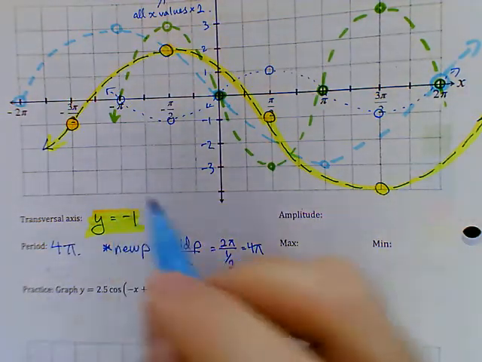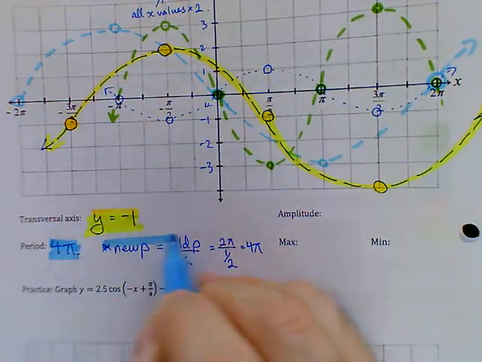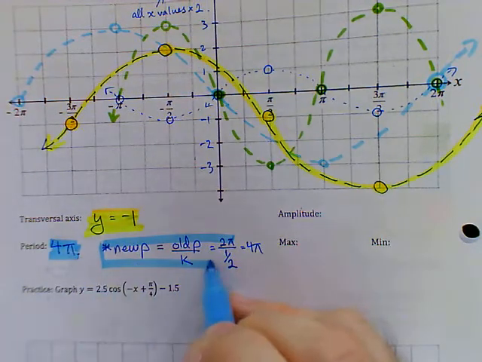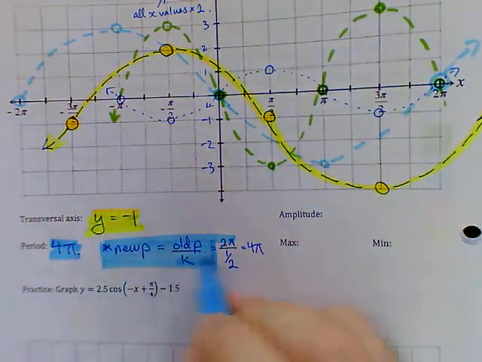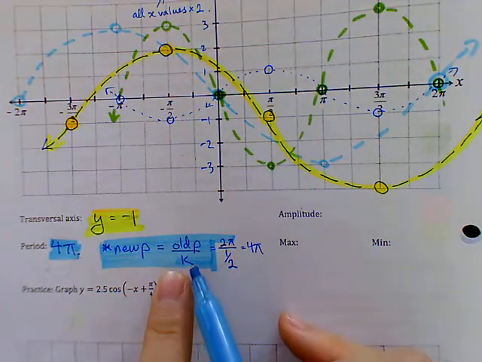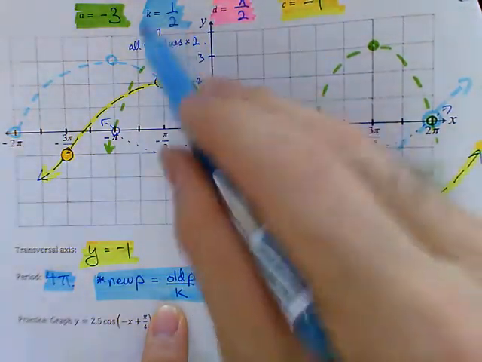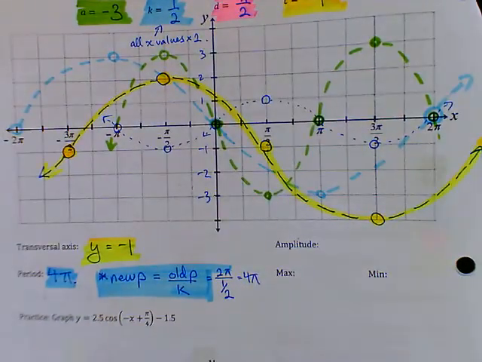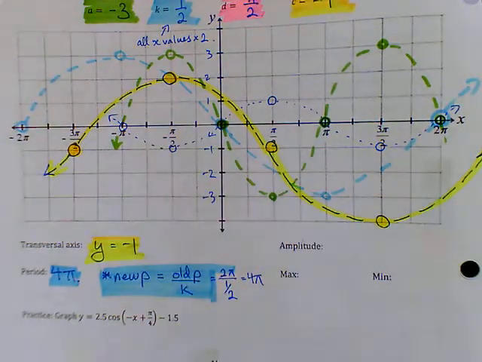Right? And as you can see, there is a relationship between the new period and the old period through k. I want you to see that there is a relationship and we don't necessarily have to multiply all the x values to find it.